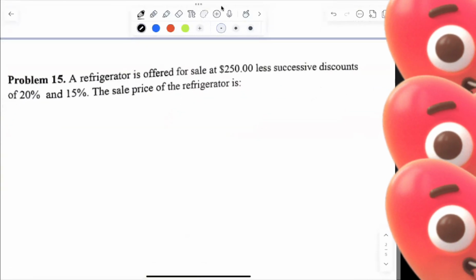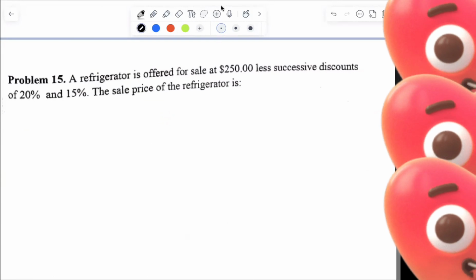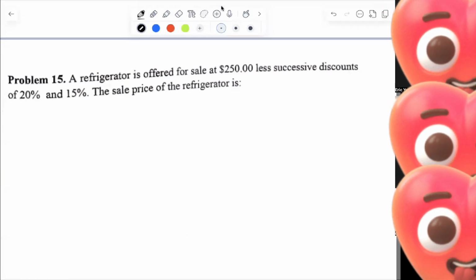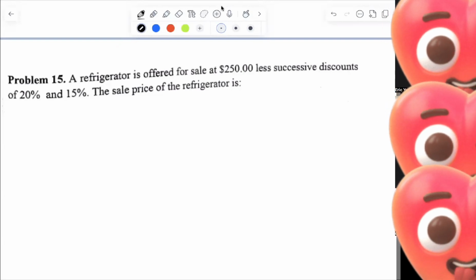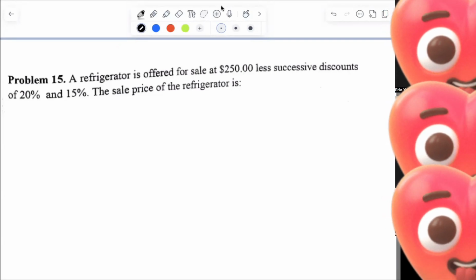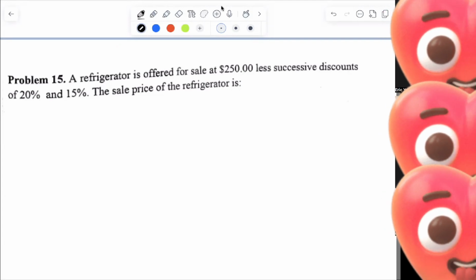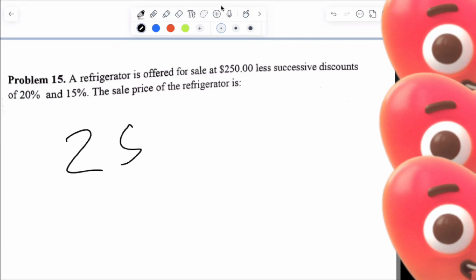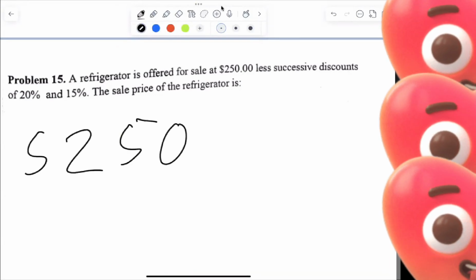A refrigerator is offered for sale at $250 plus successive discounts of 20% and 50%. The sale price of the refrigerator is... for the people that may be confused about the wording, it's just saying the original price was $250.